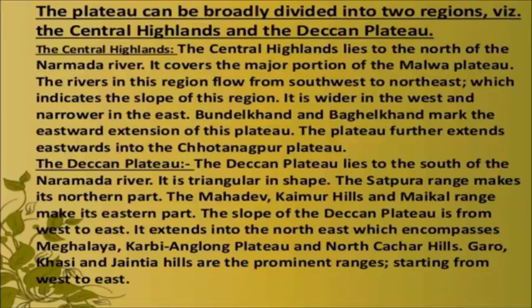It extends into the northeast, which encompasses Meghalaya, Karbi Anglong Plateau and North Cachar Hills. Garo, Khasi and Jaintia are the prominent ranges from west to east.